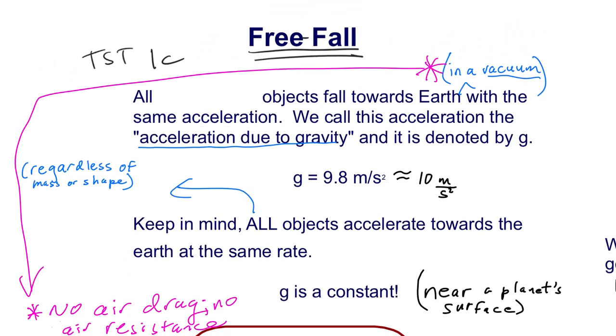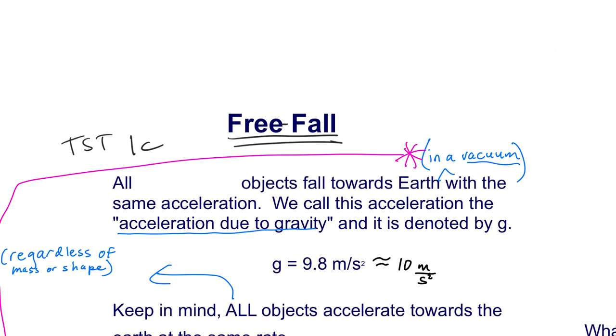Free fall occurs whenever an object is dropped near a planet, something very massive. It could be a star, it could be a moon, it could be an asteroid. But whenever an object is dropped above the surface of the massive object, and the only force acting on the object is its weight.